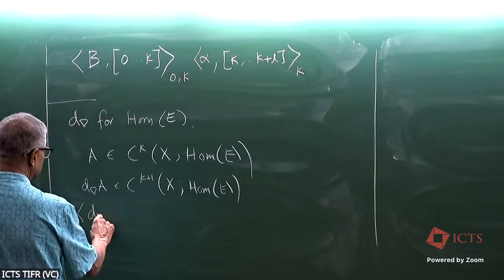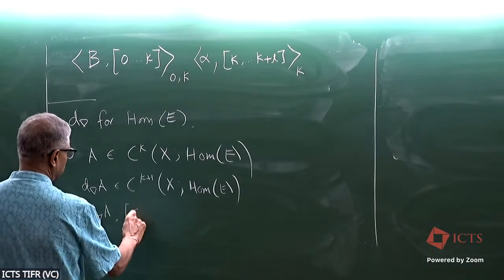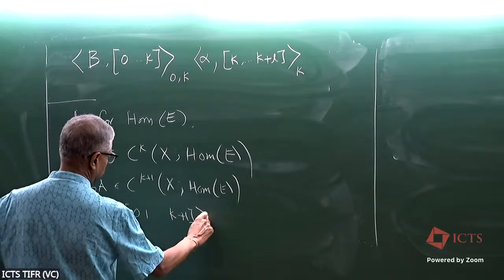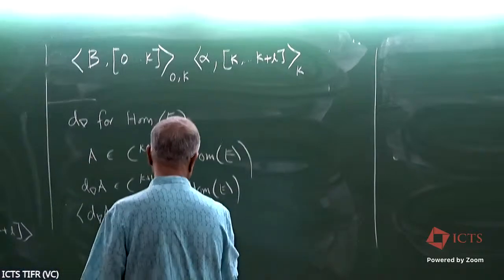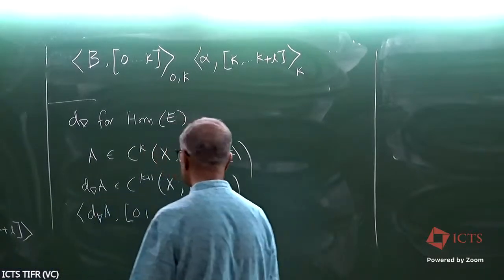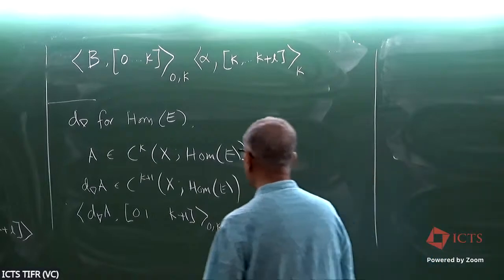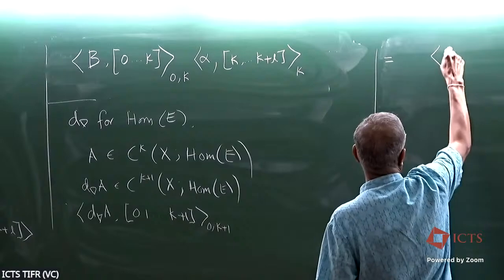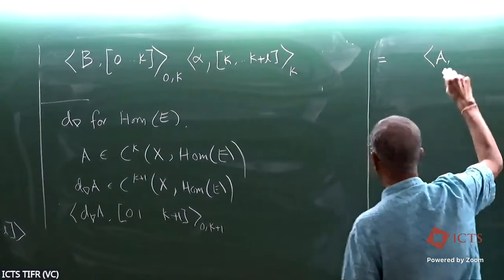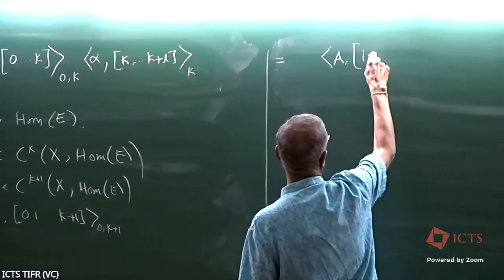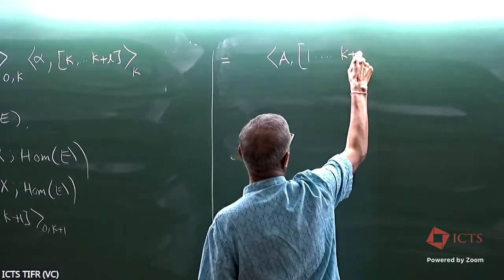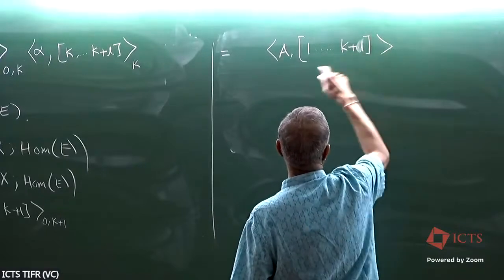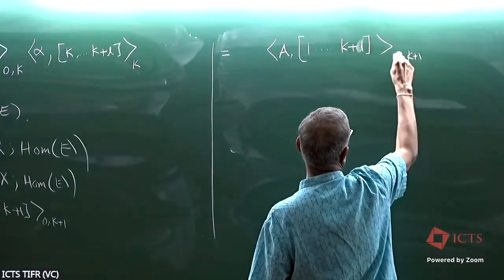If I give it a K plus 1 simplex, this will be a map from K plus 1 to 0. And this will be equal to, take A, again, just almost like the co-boundary. That's a map from K plus 1 to 1.